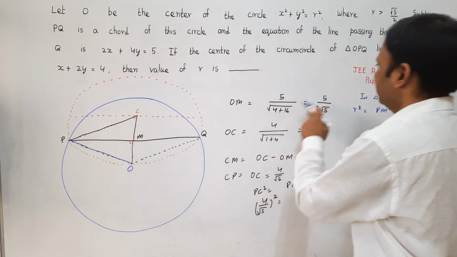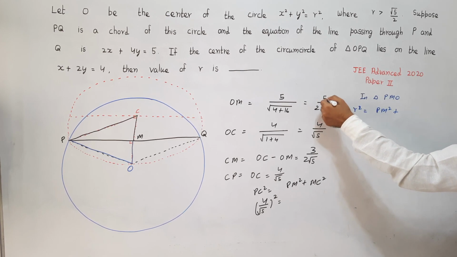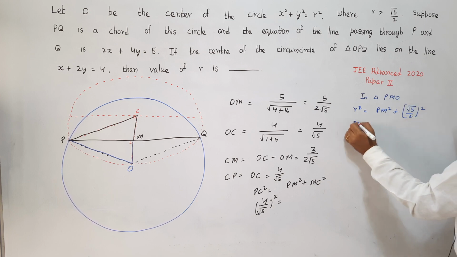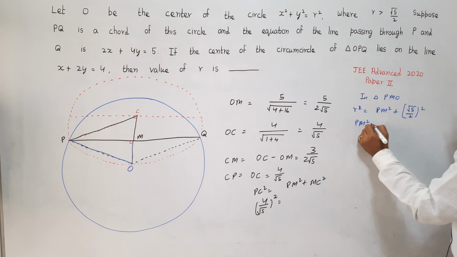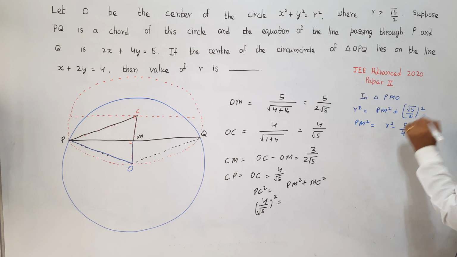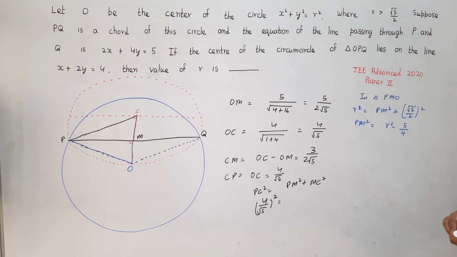Now OM we have calculated as 5 upon 2 root 5. So 5 upon 2 root 5 is nothing but root 5 by 2, correct? This will be root 5 by 2 square. So our PM square becomes equal to R square minus 5 by 4. Why did I get that? Because I will be needing it in this calculation.